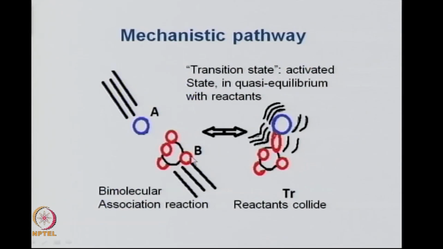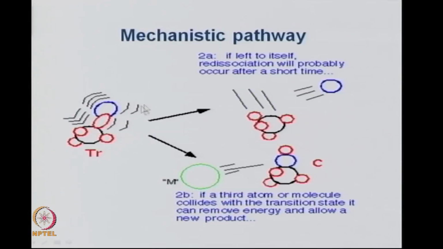So, you have A and B forming this transition state where A and B have collided. Now, from this transition state there can be two ways that the reaction can proceed. One is it may dissociate back to give you A and B.